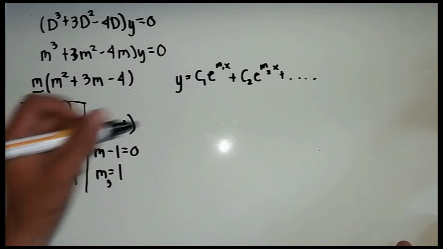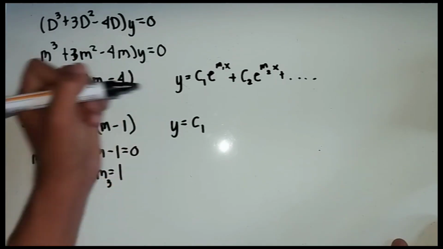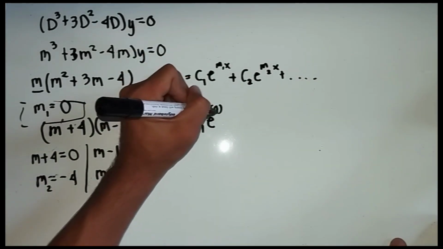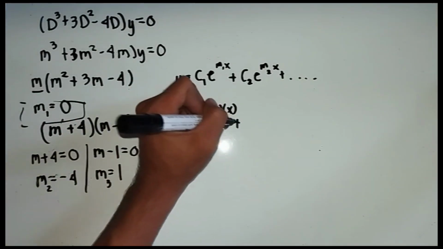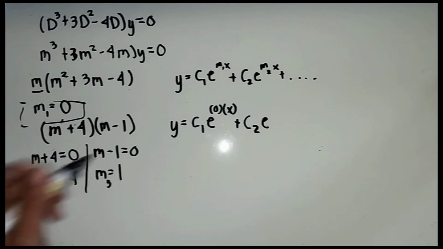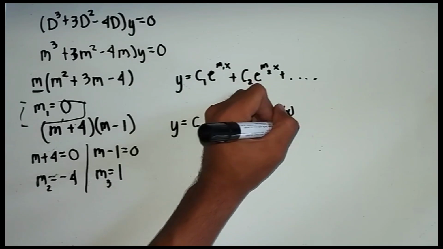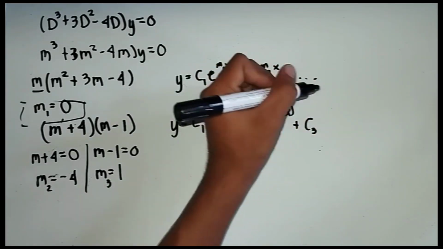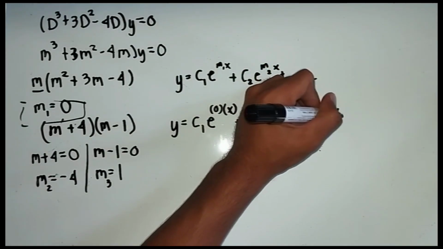So y is equal to c sub 1 e to the power of, our m sub 1 is 0, so 0 multiplied by x, plus c sub 2 e to the power of, our m sub 2 is negative 4, so negative 4 times x, plus for m sub 3, c sub 3 e to the power of 1 multiplied by x.